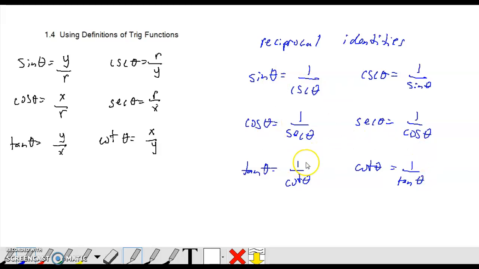So how can I prove one of these identities? Let's take a look. Sine of theta is equal to y over r, and cosecant of theta is r over y.